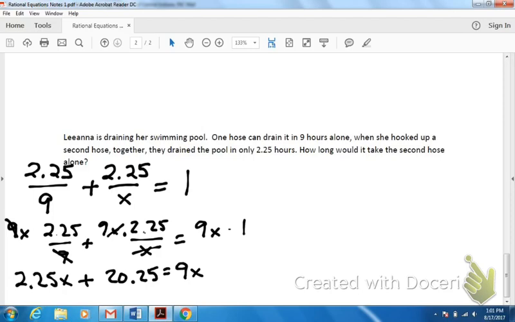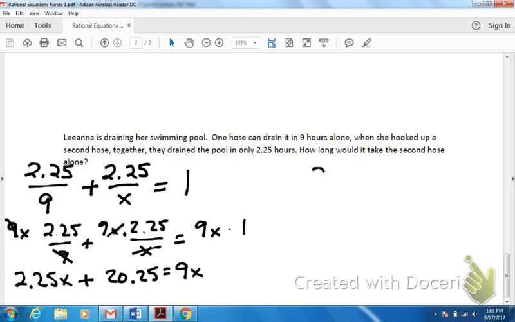Yeah, we got to get our x's on the same side. Even though I'm inclined to have my x's on the left, since there's not any numbers on the left, it's going to be shorter to put the x's on the right. So we're going to subtract the 2.25x from both sides.